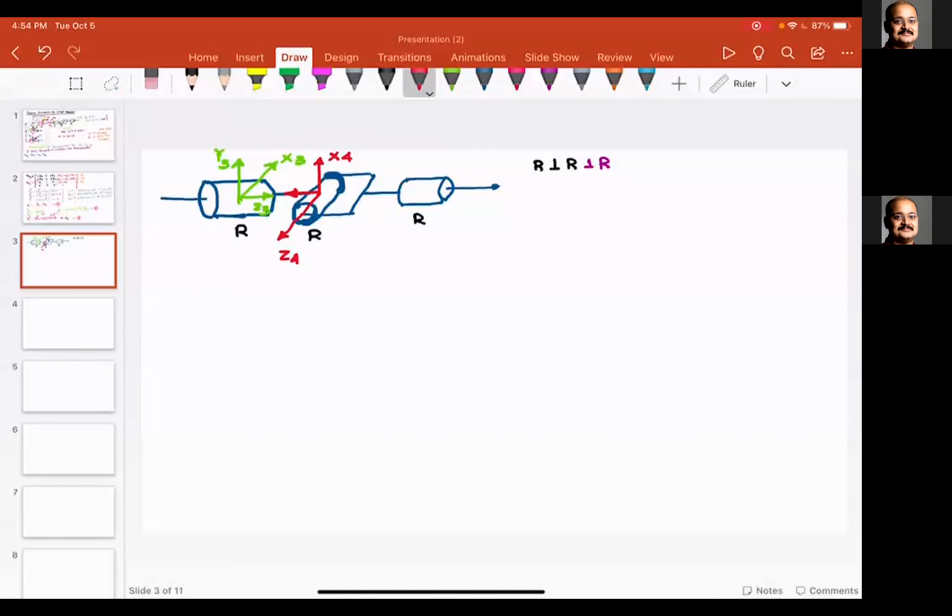You will notice that you will have to translate the frame to get to the correct configuration where all the 4 rules are satisfied. But nevertheless, you would get this answer: x5, z5, and y5. And then you have x6, z6, y6.